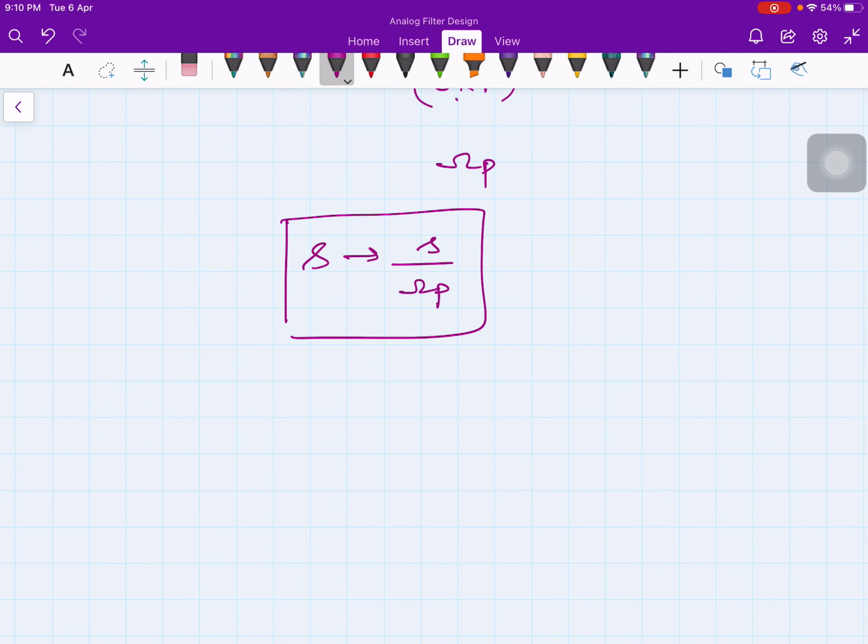So fortunately in low pass to low pass we can keep the variables the same, that is small s, and here also small s in the transfer function, and divided by omega p. That's it. So this is a transformation that you employ to transform a given normalized low pass filter into a low pass filter.